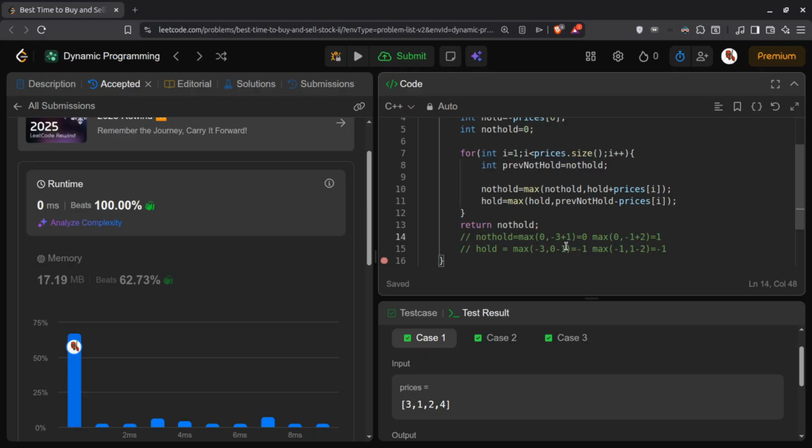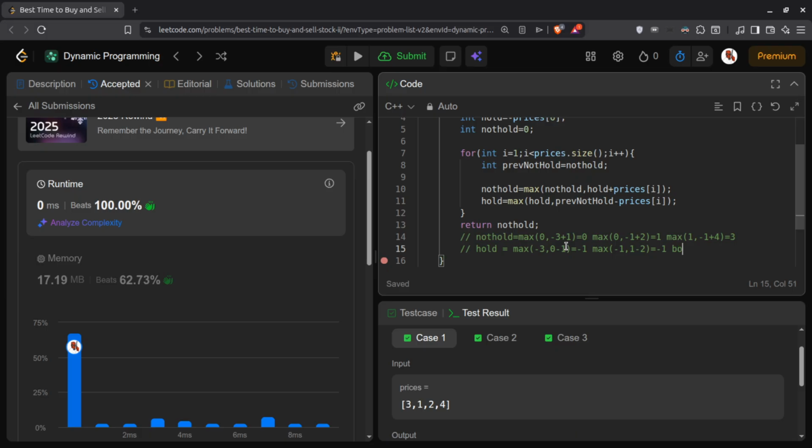Okay, same, let's go with max. In notHold, max notHold is 1, comma, hold is minus 1, plus at day 3 the stock price is 4, so we got notHold is 3.